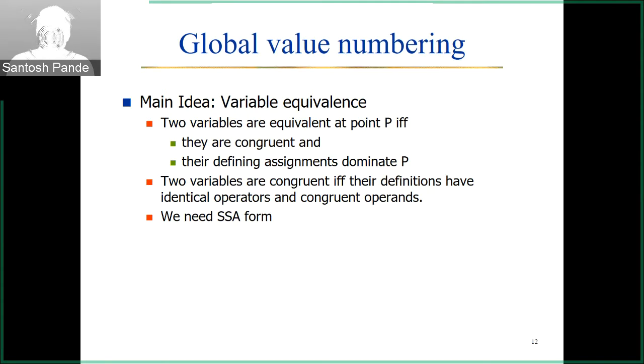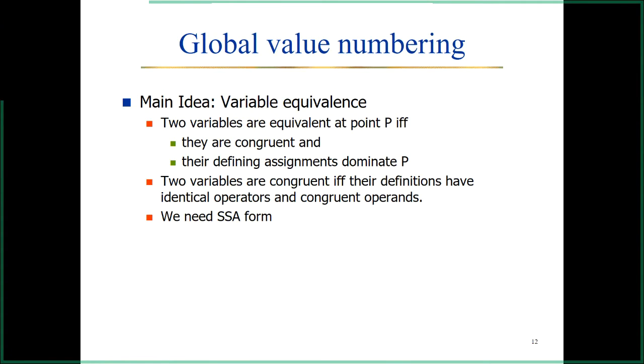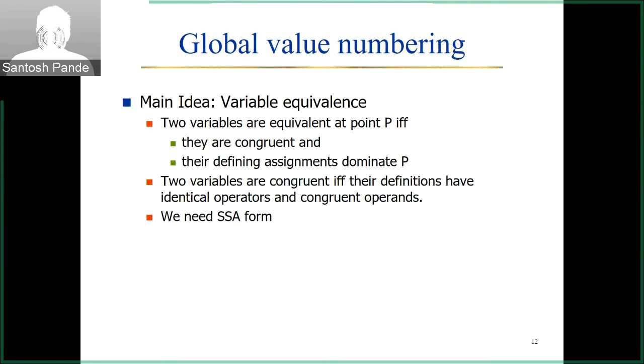They are equivalent provided they are congruent, and we have to see what exactly a congruence is, and then their defining assignments dominate the program point P. The second part is straightforward and simple. And here is the basis for that.